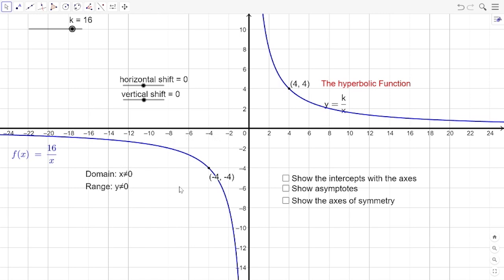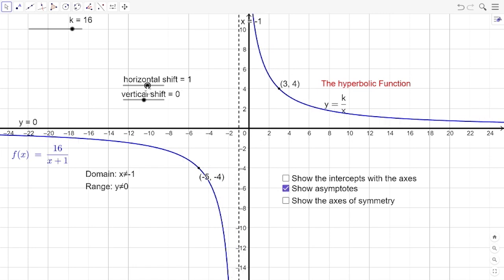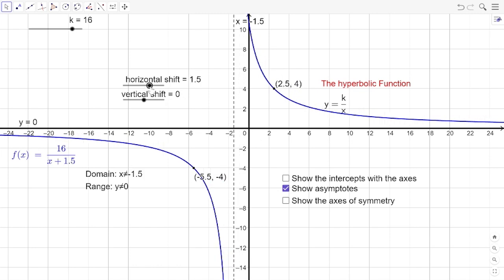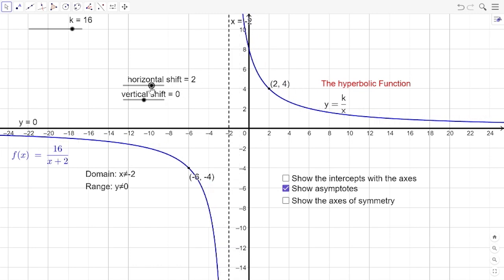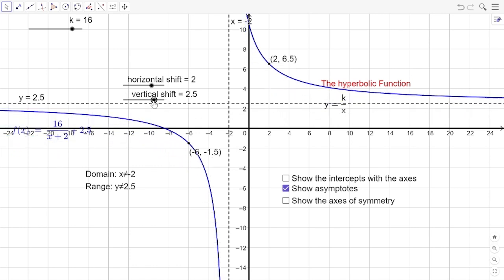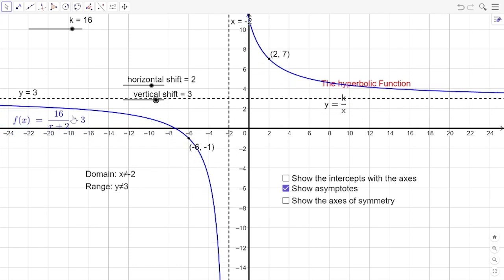We also have these points which are called salient points, which are the points closest to the point of intersection of the asymptotes. This graph has two asymptotes, x equals 0 and y equals 0. They're a little hard to see at the moment, but if we shift the graph left 2 by adding 2 to the x, and up 3 by adding 3 at the end, notice the equation, 16 over x plus 2, plus 3.